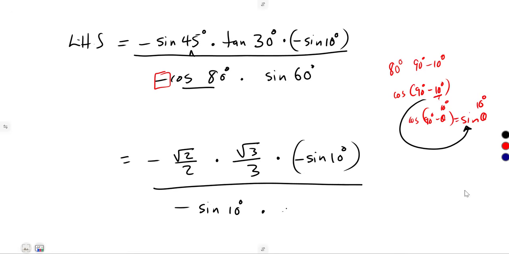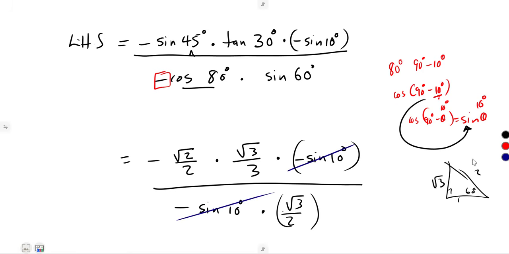Times the sine of 60 degrees. Remember from our special angles, 60 degrees is opposite over hypotenuse, square root of 3 over 2. Anyways, let's see what we are having, because the sine of minus 10 and this one can cancel.